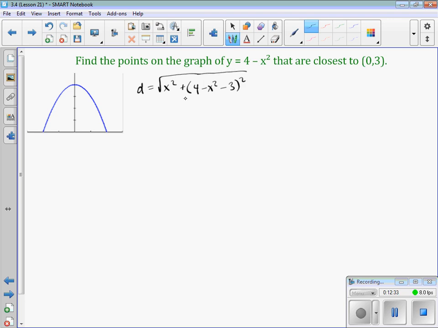Then I'm just going to combine these together. The 4 minus 3 just gives me 1. So this just turns into x squared plus 1 minus x squared, squared. Does that look right?